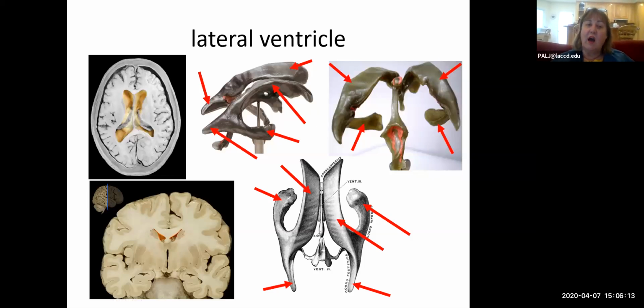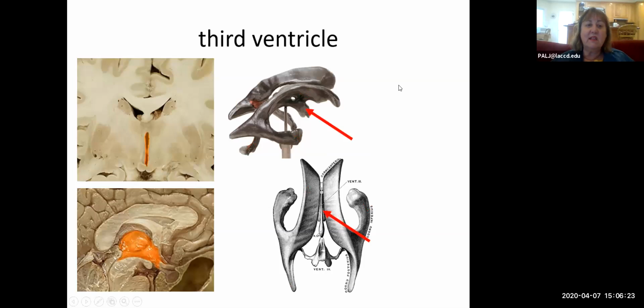And this is normally occupied by that fluid, the cerebral spinal fluid. From here, the cerebral spinal fluid will flow towards a midline structure. And this midline structure is the third ventricle. So here are the two lateral ventricles, and it flows here to the midline, the part in orange.